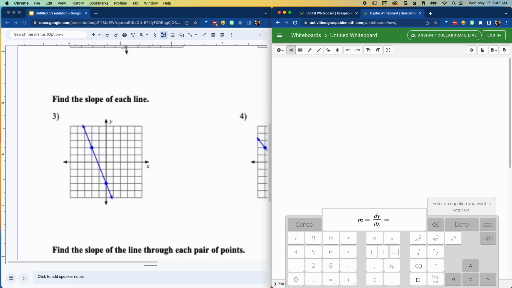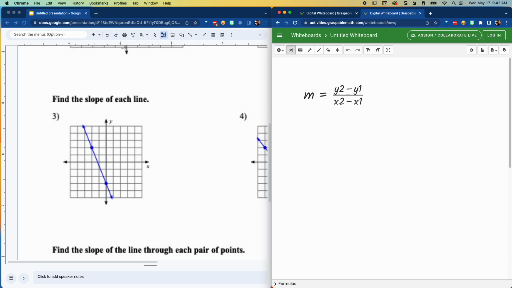And a difference is just a subtraction, which is a calculation. So it's like y2 minus y1 over x2 minus x1, that kind of thing. So that is what we're normally calculating to find slope. Oh, it doesn't like having two equal signs, so we'll do that.